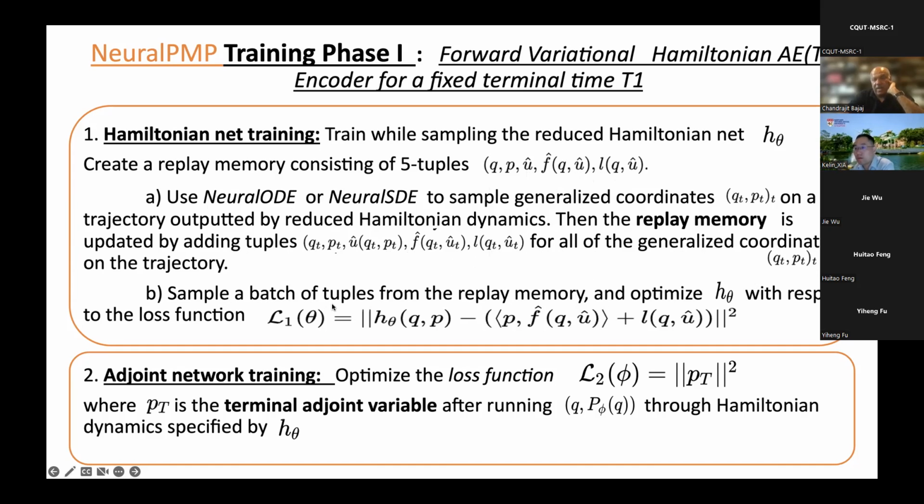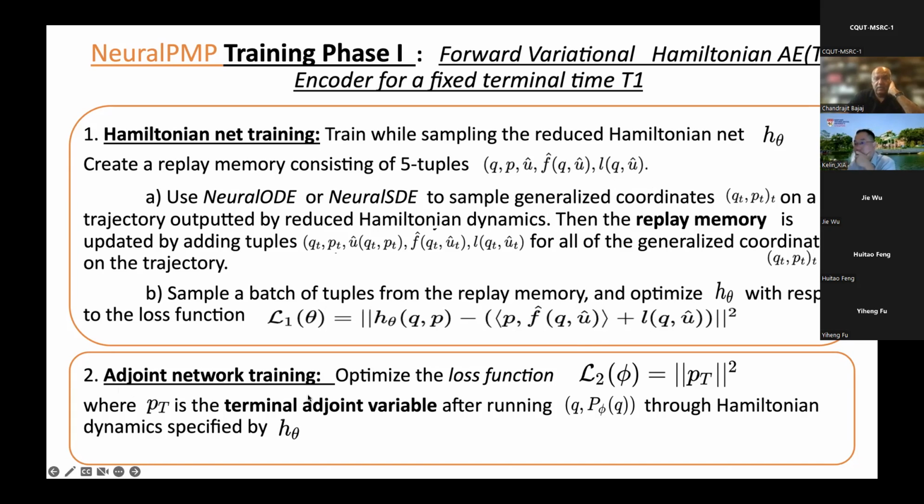Then you sample a batch of tuples from the replay memory and optimize H theta, just in a classical learning of the dynamics in this network, but you're learning Hamiltonian vector fields on a symplectic manifold.